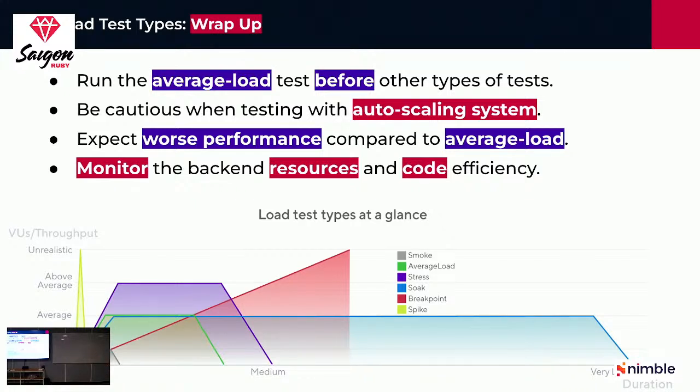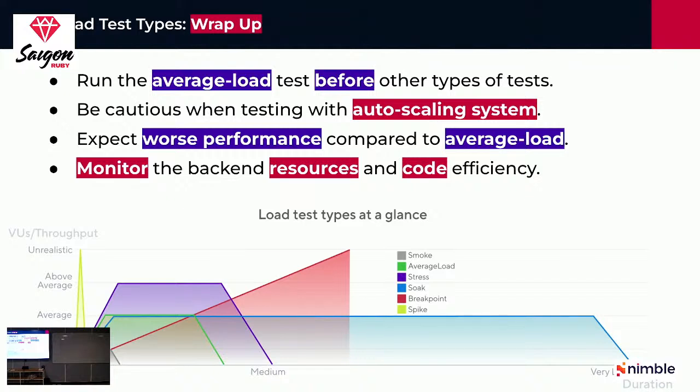It can cause some cost in scaling. Yes, all the other kinds of tests can cause worse performance compared to the average, which is expected. And we should also monitor the backend resources to see how our application reacts to the traffic.